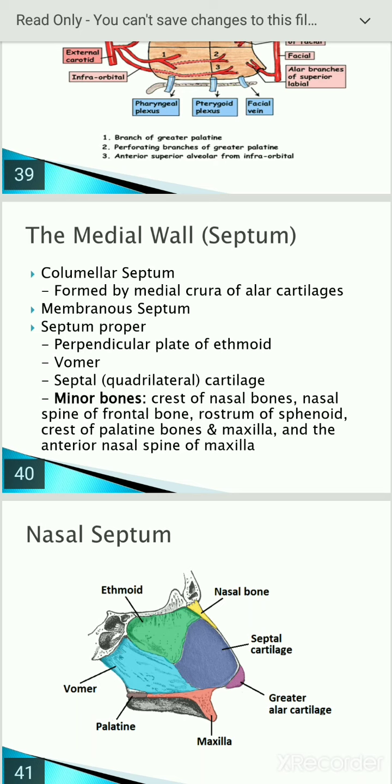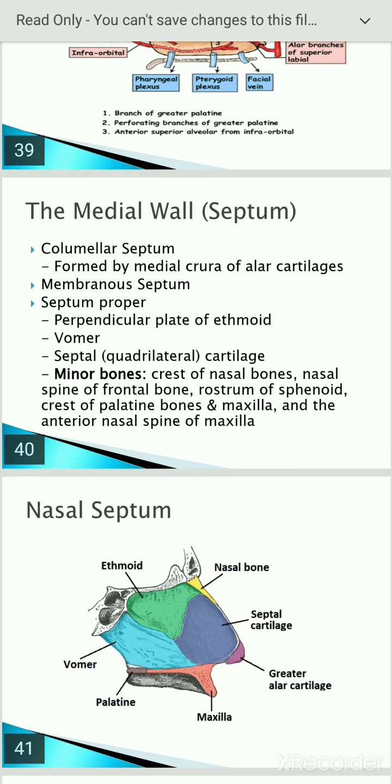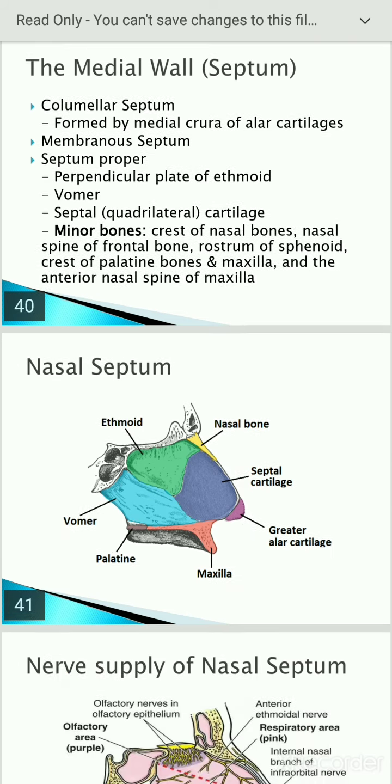It is made up of the perpendicular plate of ethmoid bone, vomer bone, quadrilateral septal cartilage, and there are minor bones also like crest of nasal bones, nasal spine of frontal bone, rostrum of sphenoid, crest of palatine bone and maxilla, and the anterior nasal spine of maxilla.